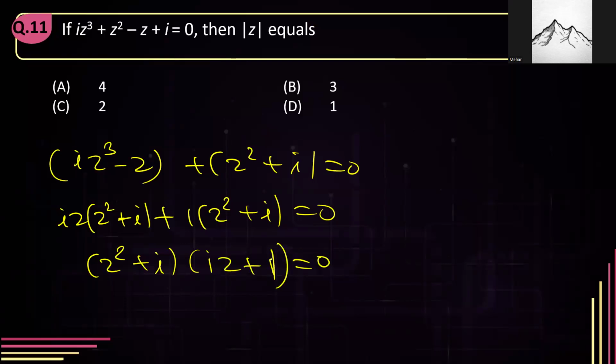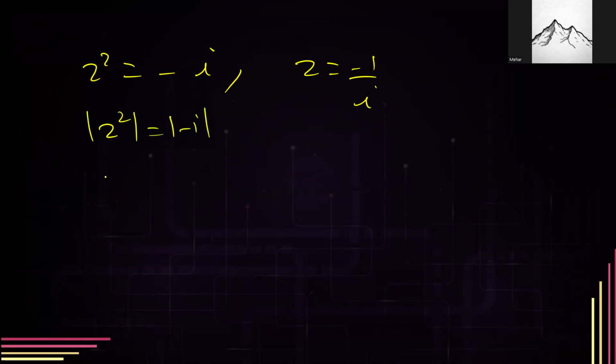When the product of these factors is 0, either z square plus i is 0 or iz plus 1 equals 0. Considering z square equal to minus i as the first one, and the second one gives z equal to minus 1 by i, let us find out the modulus. If you take mod on both sides, mod of z square equals mod of minus i. We have a property that mod of z power n is mod z whole power n. We wrote this property already.